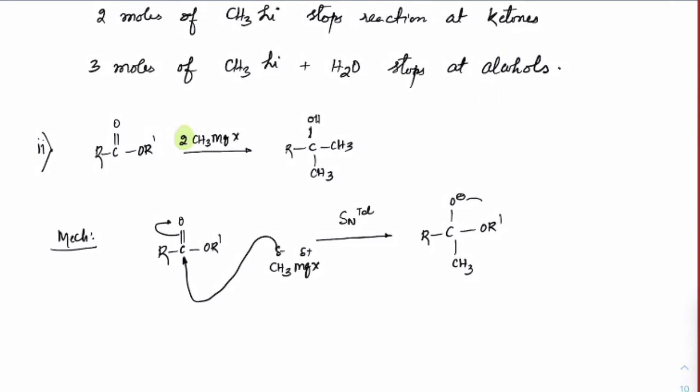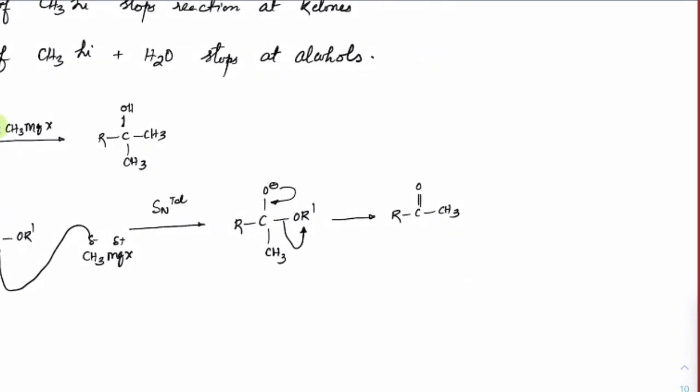Immediately this minus will close as a double bond here and RO minus will be released. So you will get R C double bond O CH3. In a way you can see that this OR minus or RO minus has been replaced with methyl. So we can say this is a substitution reaction. So it is substitution nucleophilic.